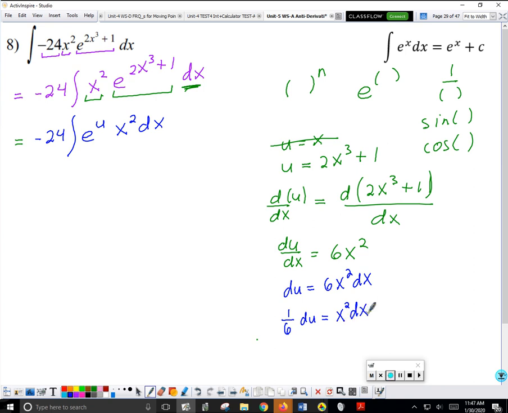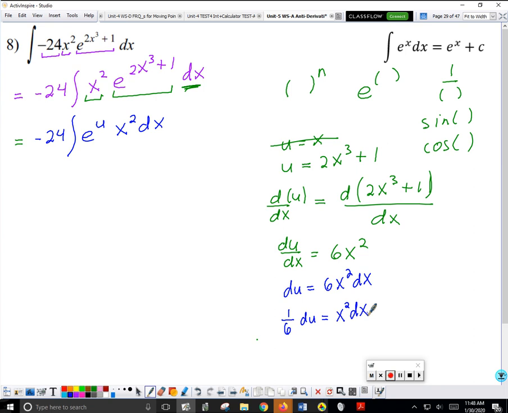The infinitesimal change in u happens to be 6 times more than the infinitesimal change in x. 1x is 1. That's what it said. Didn't help you much, but that's what it says. Don't worry about it.